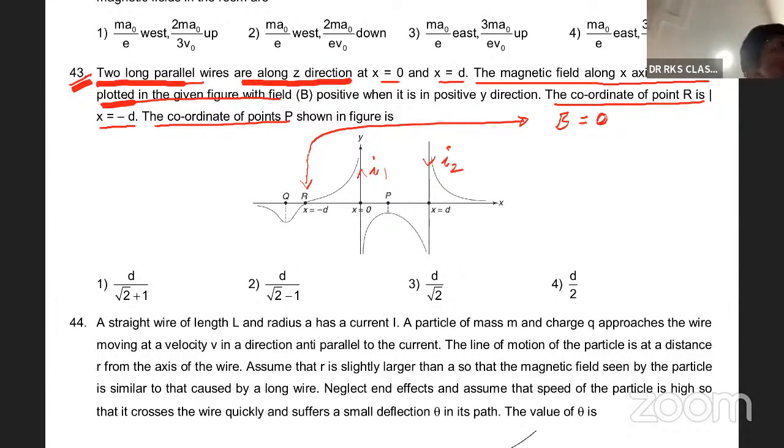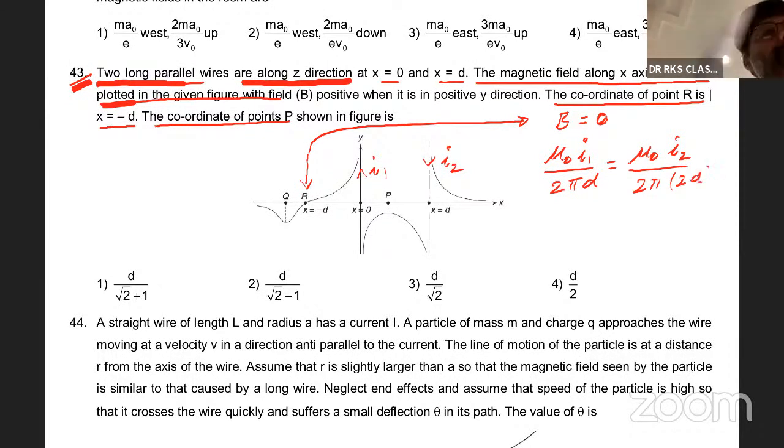At R, the field due to the current I1 and the field due to current I2 are equal and opposite. Let us write an equation for that. Mu naught I1 by 2 pi d is equal and opposite to mu naught I2 by 2 pi 2d.